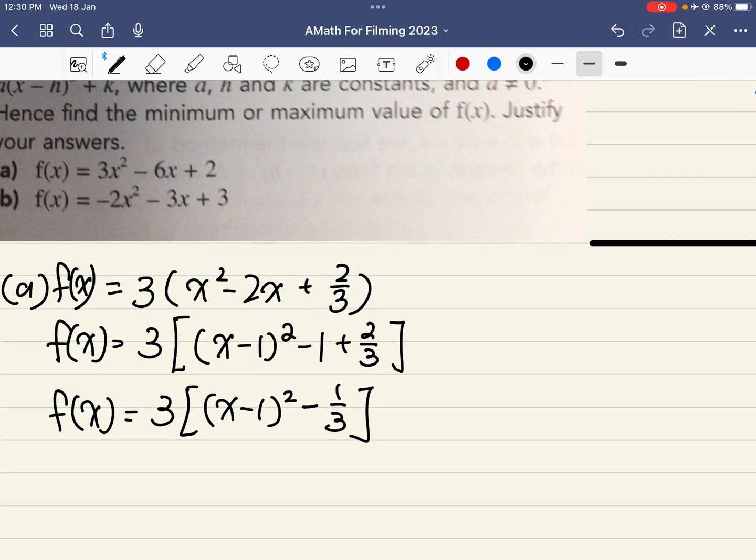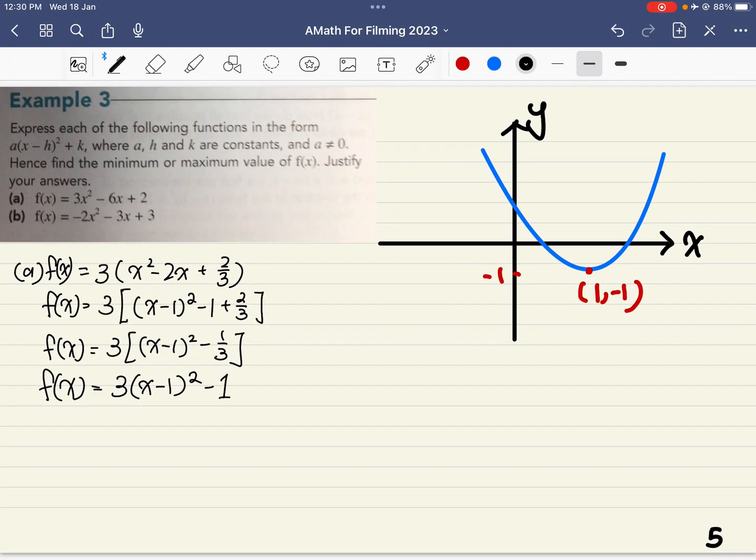So if I were to open up my brackets, the 3 will multiply to this term, and the 3 will multiply to this term as well. So what I'll get is, the function is 3(x minus 1) squared minus 1. Please be careful here. There is no way for you to multiply this 3 into this bracket here, so just leave it as it is.